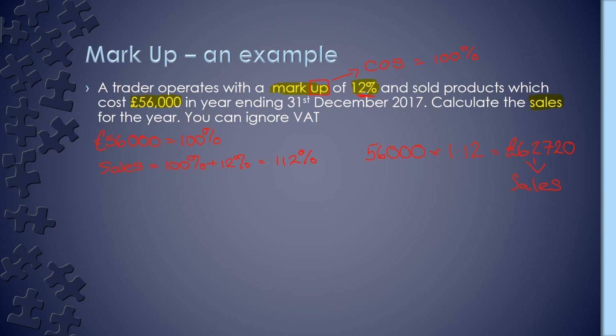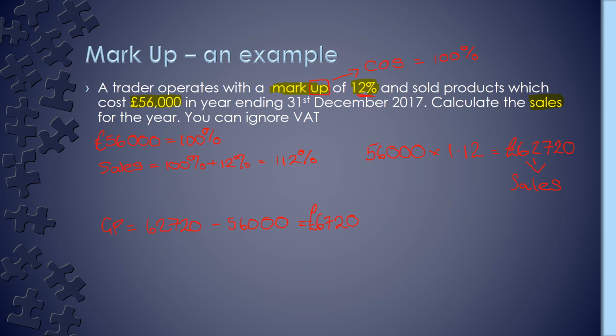So now let's go back and prove it. If we have a sales figure, let's work out our gross profit. Our gross profit equals 62,720 minus what our cost of sales was, which was 56,000, and that equals 6,720, and that's our gross profit.